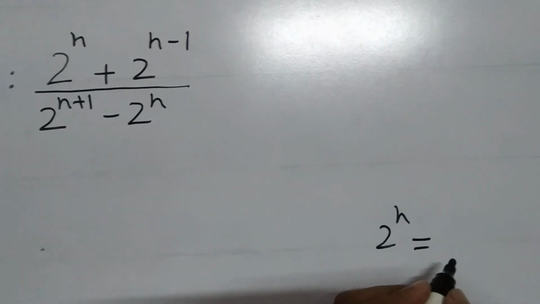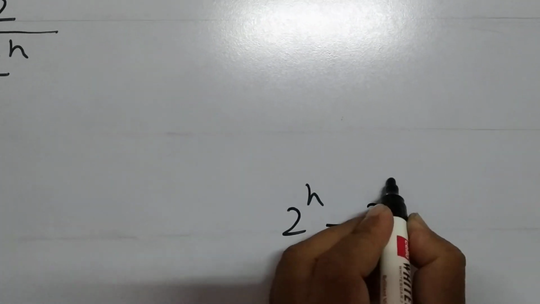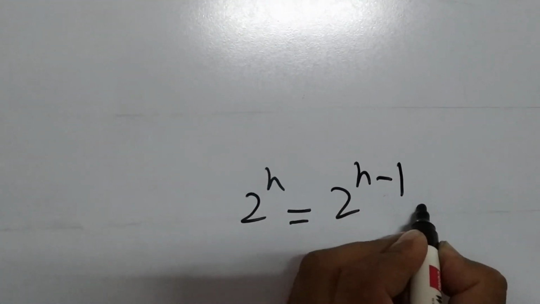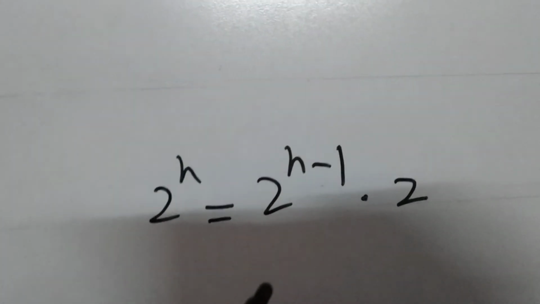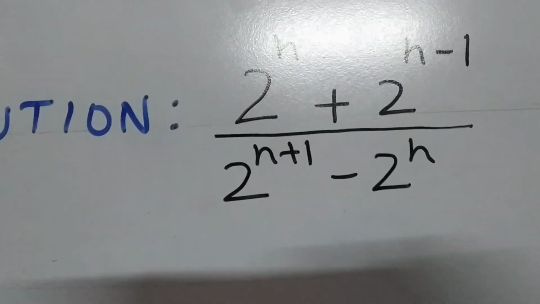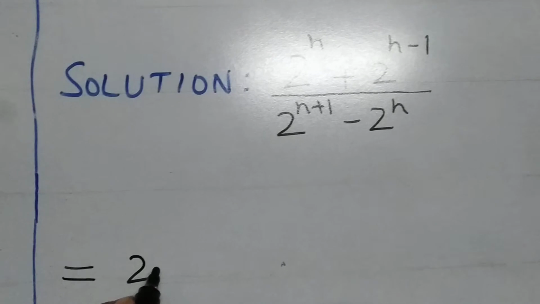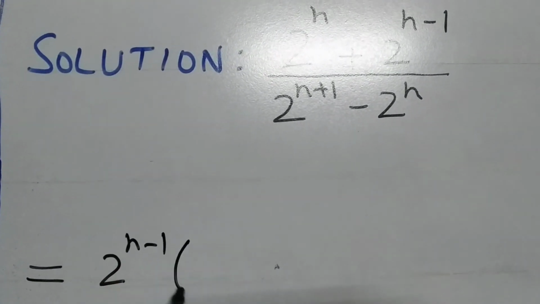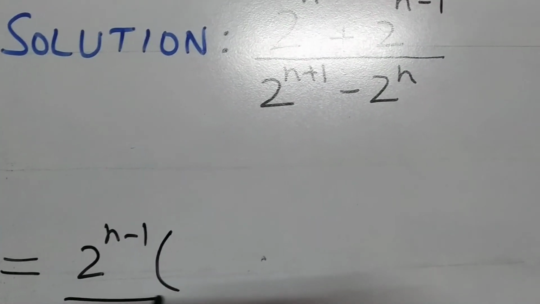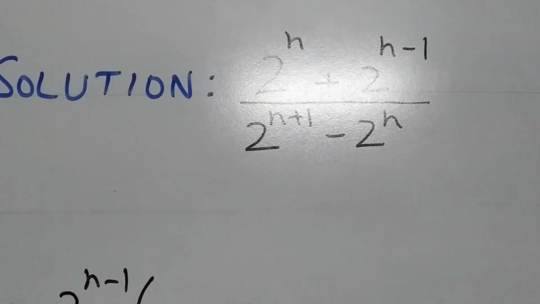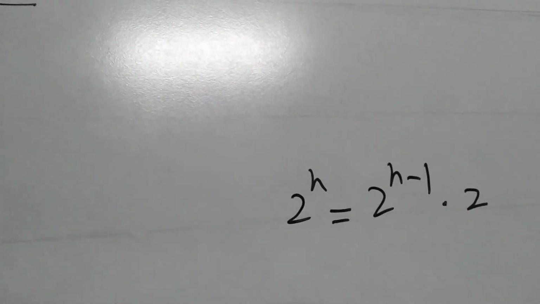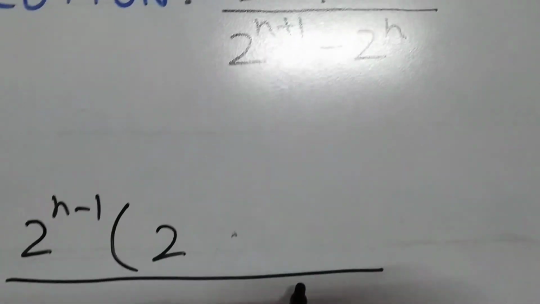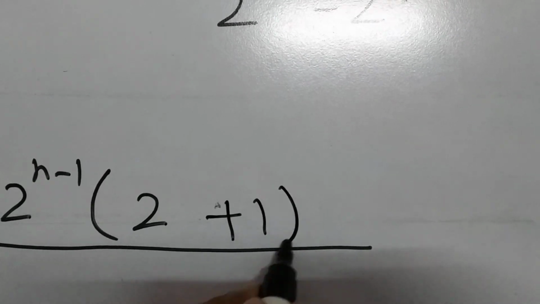We know that 2 raised to power n is equal to 2 raised to power n minus 1 into 2. Common 2 raised to power n minus 1 in numerator, 2 plus 1.